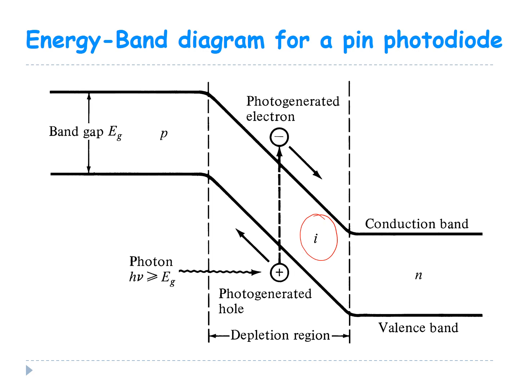In other words, you increase the sensitivity without affecting the response time. So the response time is going to be short, which is good. So high sensitivity and short response time.